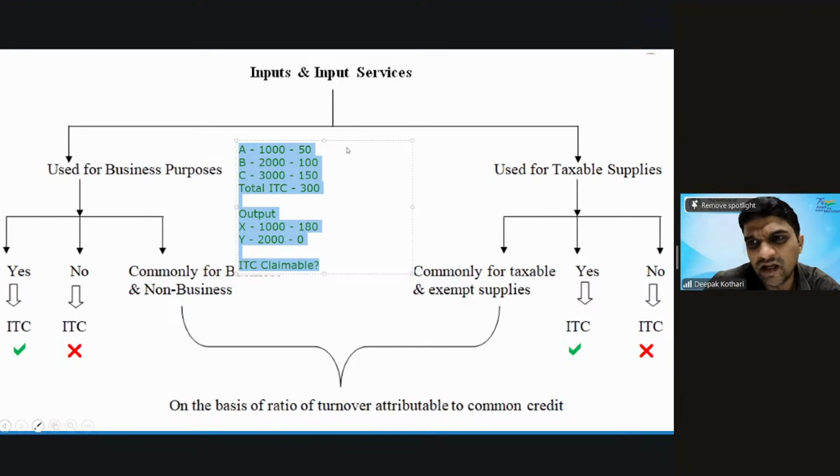One eighty is claimable. 100 is claimable. Yeah. Jaya Manocha has given the correct answer. Navneet, 180 claim करोगे? नहीं. Exempt 120.